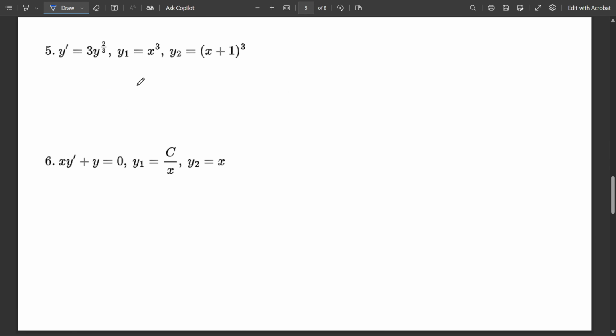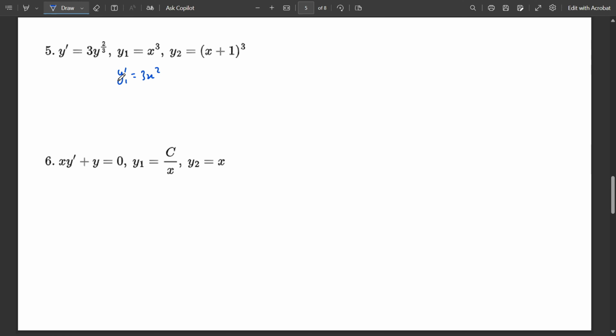Okay, we have y prime equals 3 times y to the 2 over 3, and we have the proposed solutions y equals x cubed and y equals x plus 1 cubed. The highest derivative here is just y prime, the first derivative, so we need to find just the first derivative, and y prime is 3x squared.